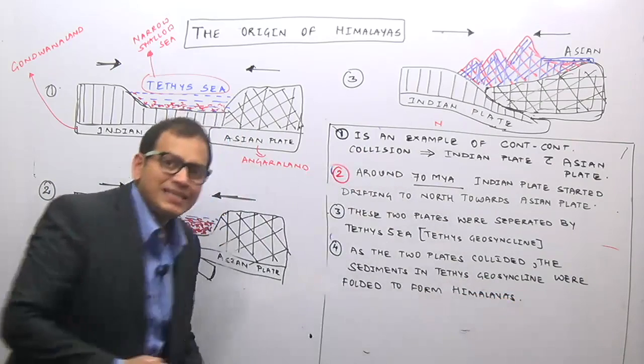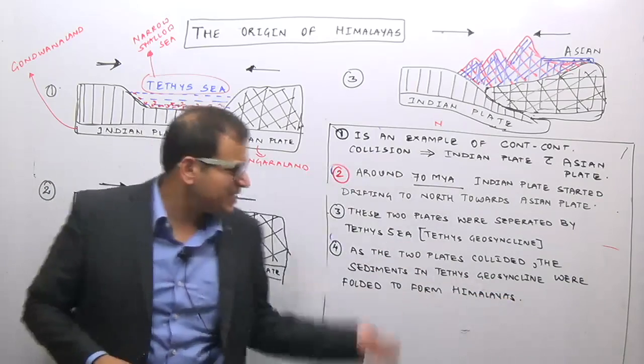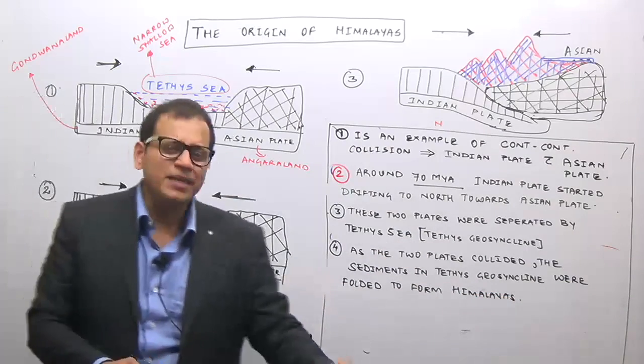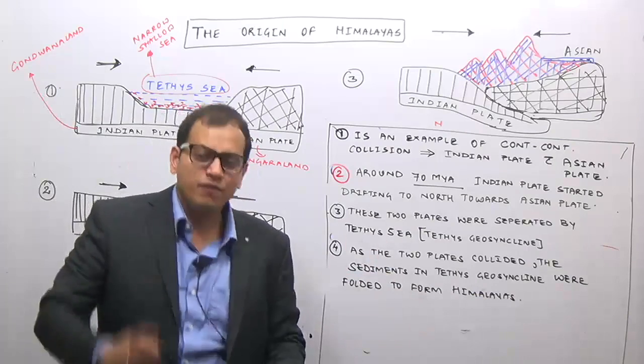Thus, the Himalayas are young fold mountains because this occurred just some years back, some 70 million years back, and therefore these are an example of young fold mountains.